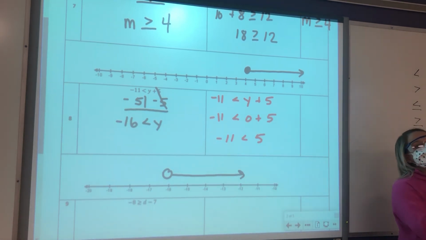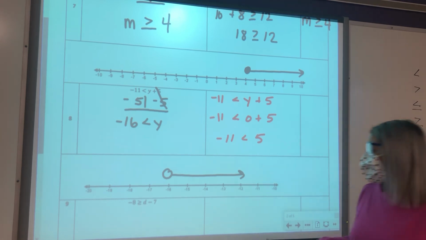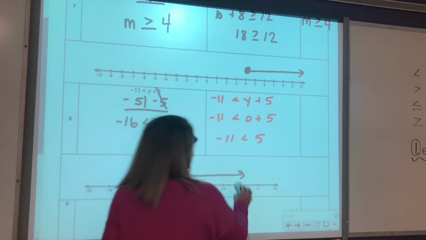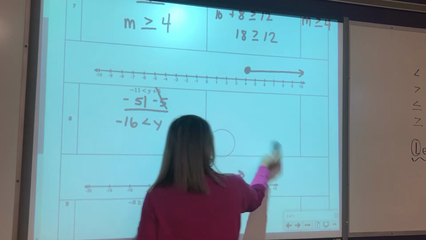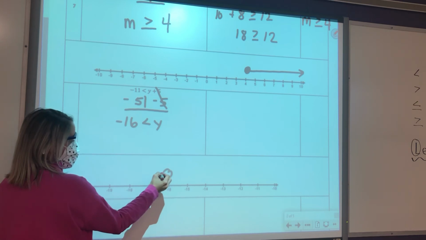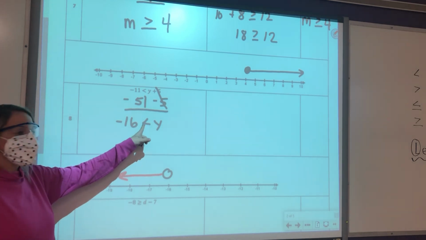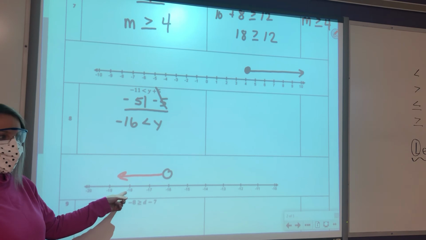All right, here's something I do want you to look at. Don't write this down, just put your pencils down. Let's say I followed my trick and went this way. My arrow's pointing to the left, so I need to write my arrow to the left.